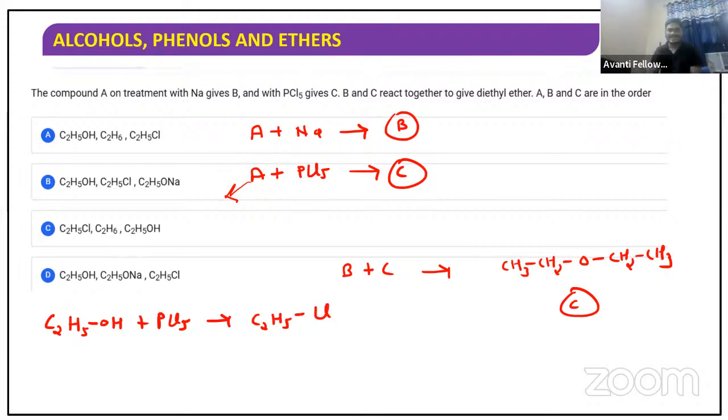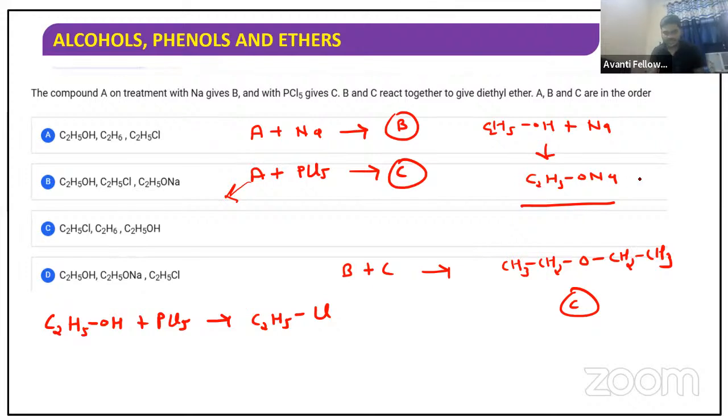What happens second? Assume we have C2H5OH again, and when treated with Na, sodium alkoxide will form, that is C2H5ONa.